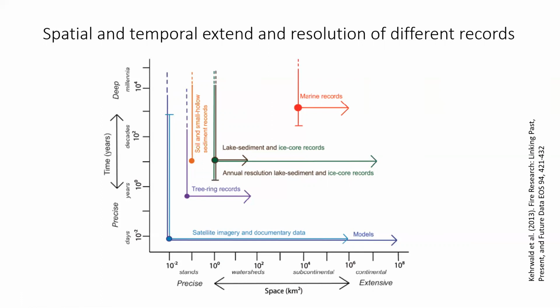You also get quite precise spatial resolution because you can look into one tree or a stand of trees or forest, or by investigating several trees, you can expand the spatial extent. But with the tree rings, the temporal extent is usually a few hundred years because the trees are not older than that.